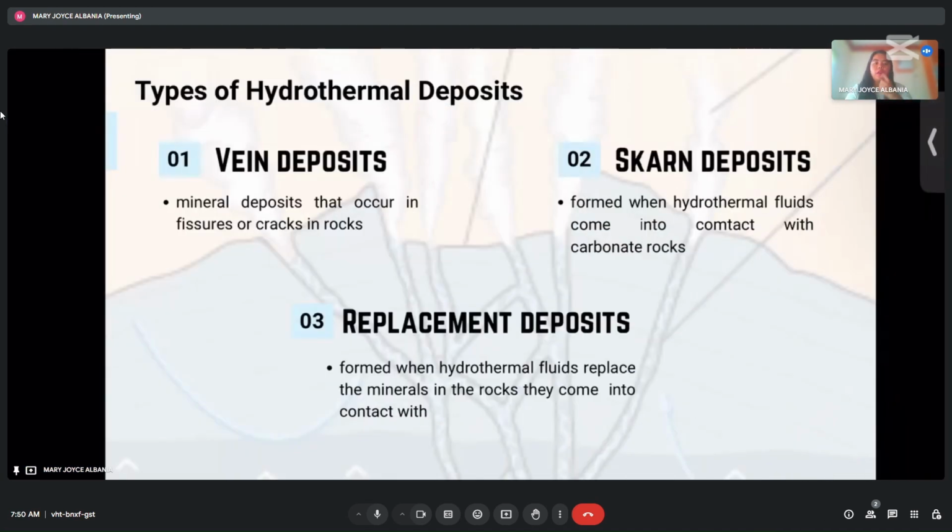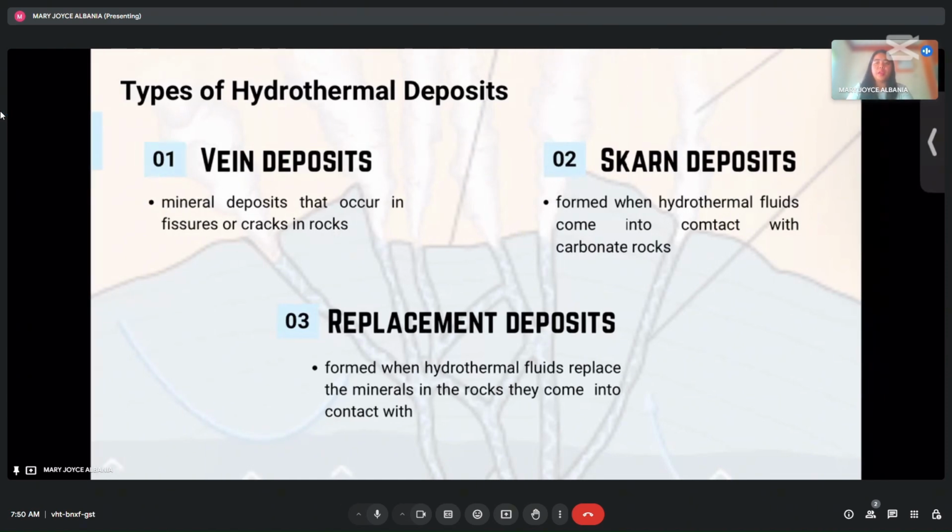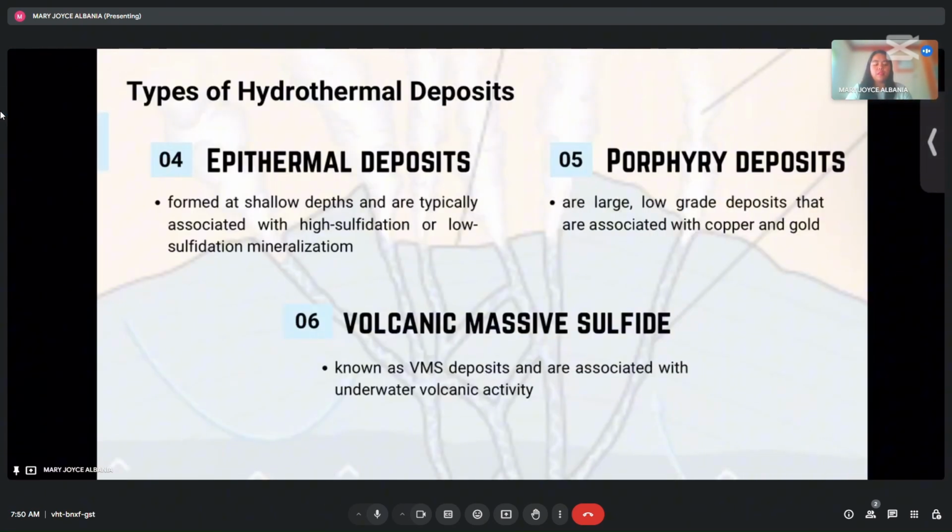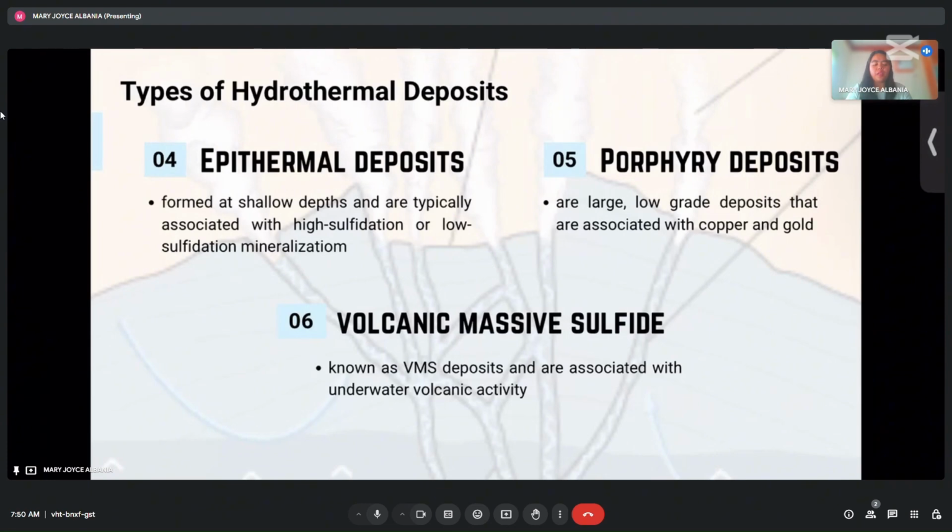Here we have the different types of hydrothermal deposits, which will be tackled deeper later: vein deposits, skarn deposits, replacement deposits, epithermal, porphyry, and volcanic massive sulfide.